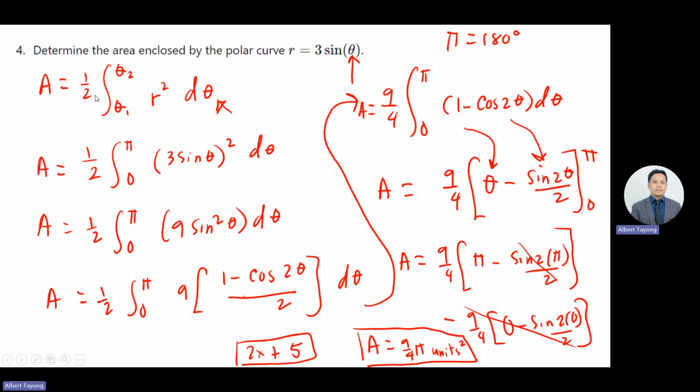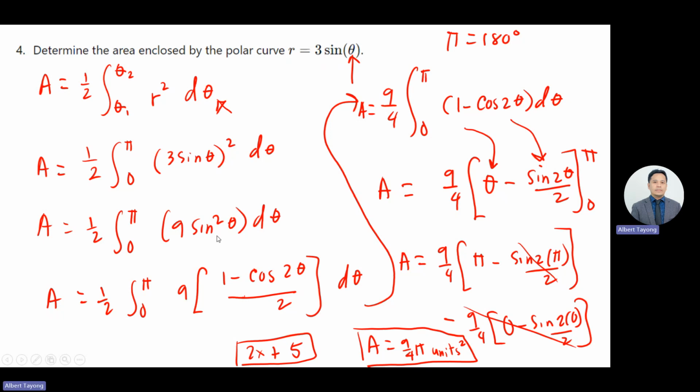Now, the formula to find the area of a polar curve is 1/2 times the integral from the lower limit to the upper limit of r squared d theta, because our variable here is theta. So we change our r into the given 3 sine theta squared.